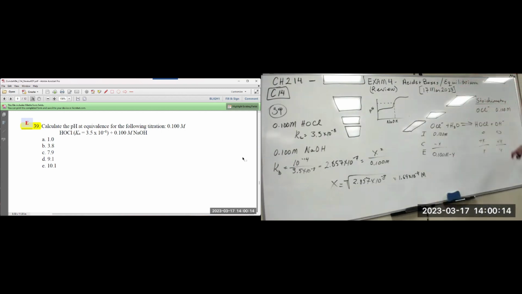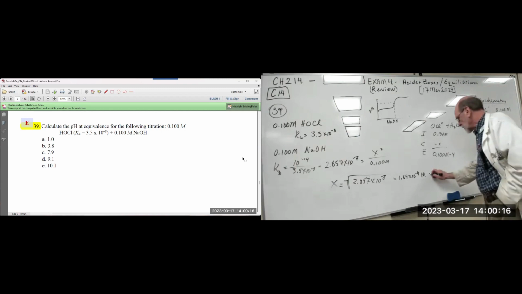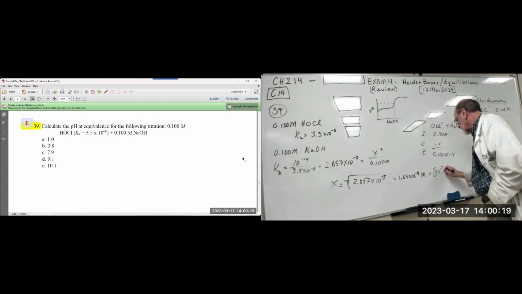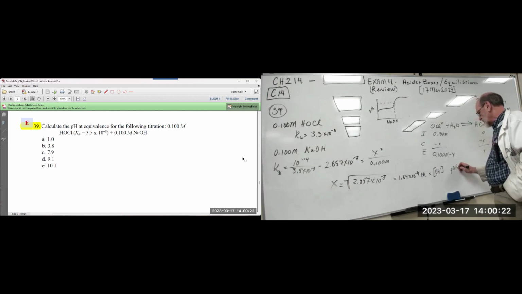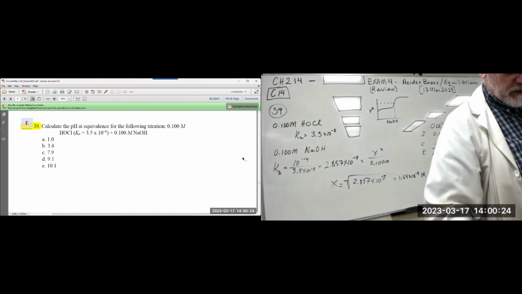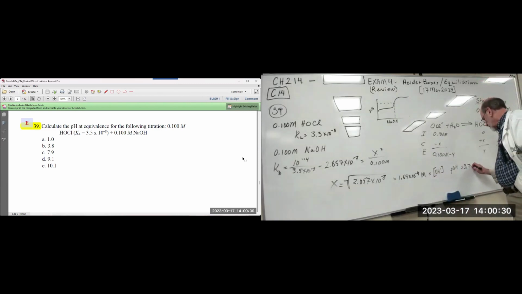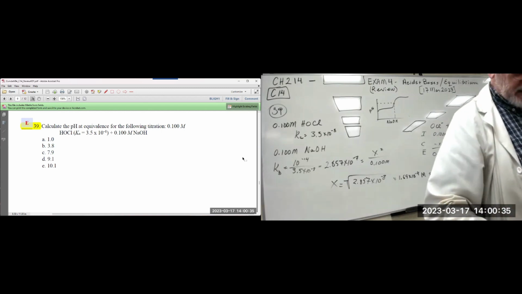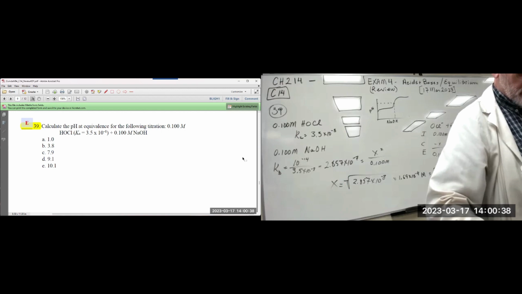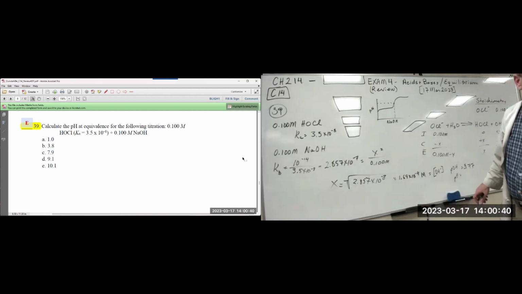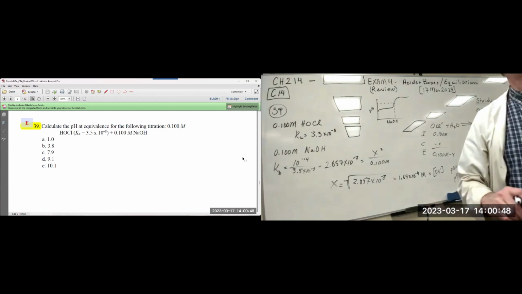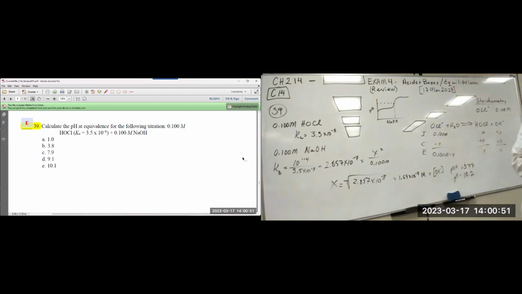What is X? X is OH minus. So pOH now is the negative log of that number. 3.77. So pH is equal to 14 minus that. 10.2. Close enough, 10.1. Okay, rounding error.